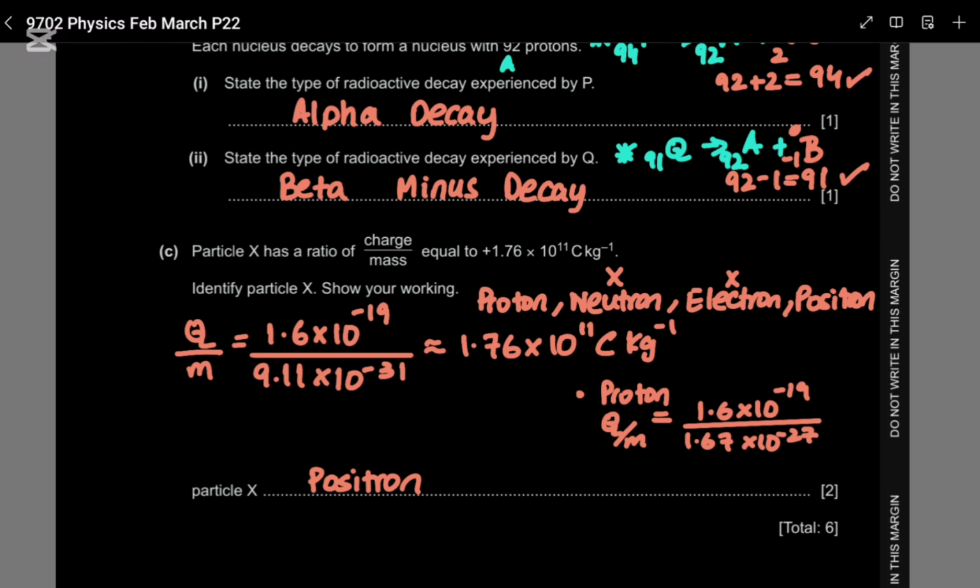You will notice that it's a really large number and it's not equal to the one we are told. So that's why it's a positron. So we can eliminate proton also. That's it for this question paper.